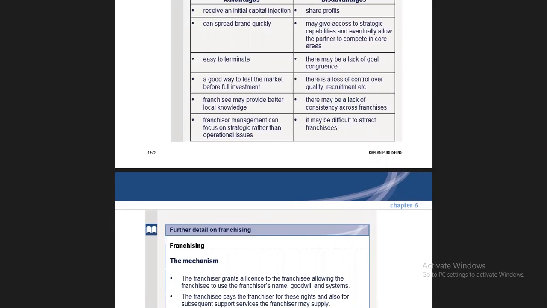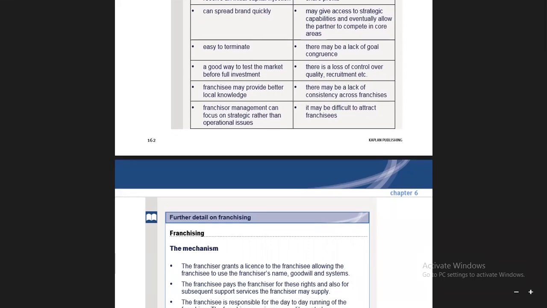Franchisee may provide better local knowledge. Yes, for example, if we have a franchise in Dubai or in the UK, the local franchisee will have better contact with the customer, so he will provide better services compared to what a central body can provide. He is aware of all the local things, so he can give better service.